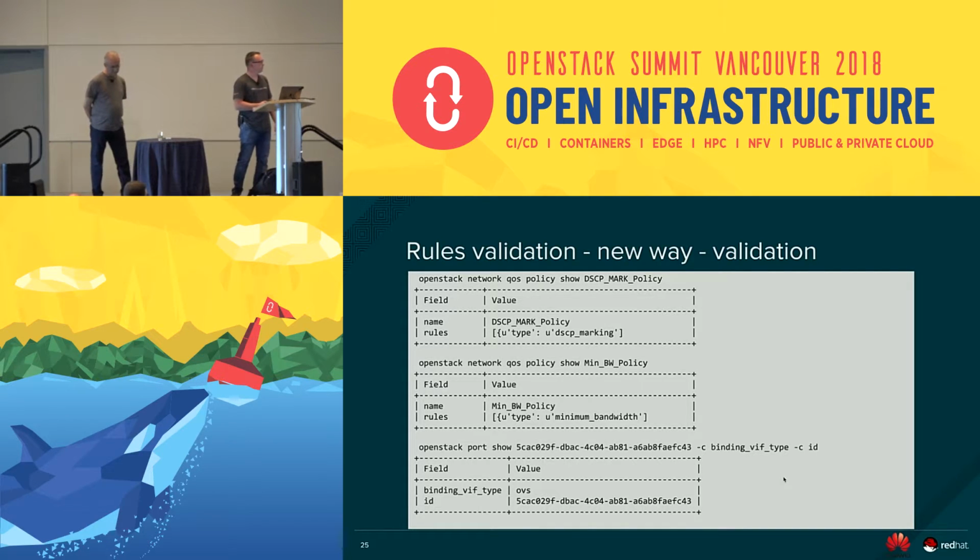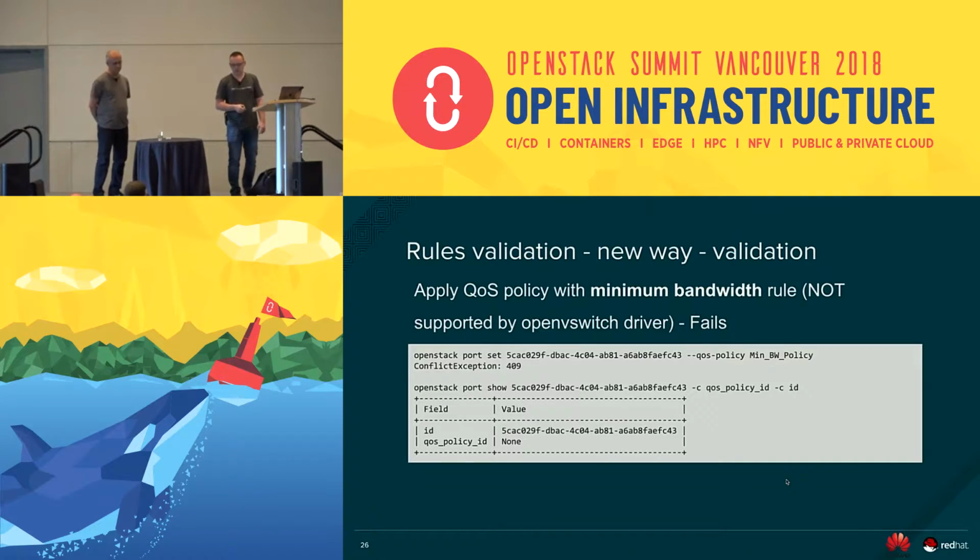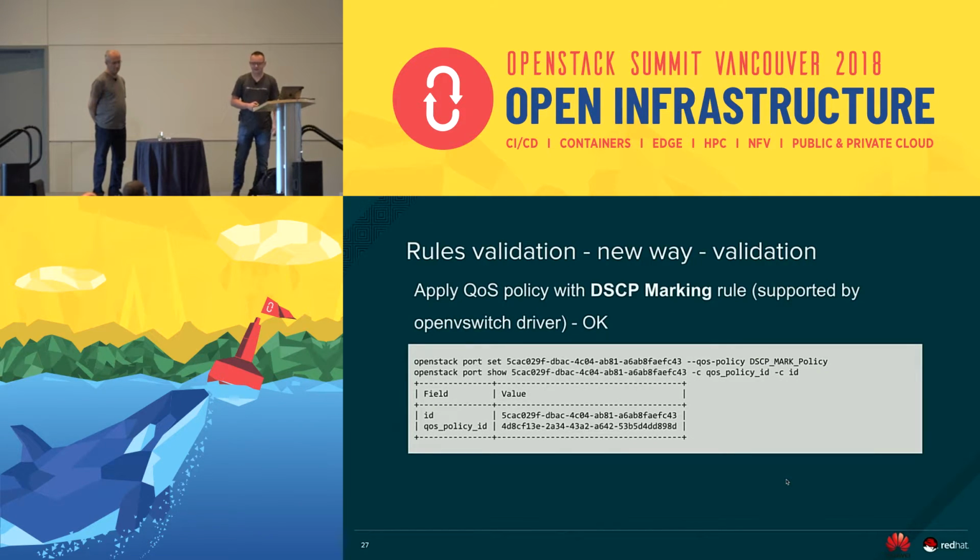So when I wanted to attach this minimum bandwidth policy to this port, I got a conflict exception because minimum bandwidth is not supported by the OVS backend QoS driver, and when I attached the DSCP mark policy, it was attached to the port, and the backend driver can apply it for this port.